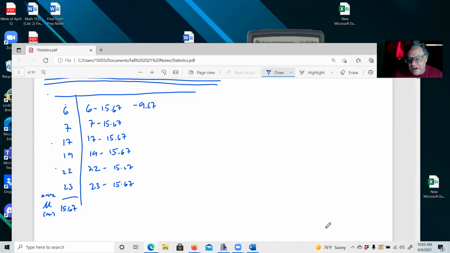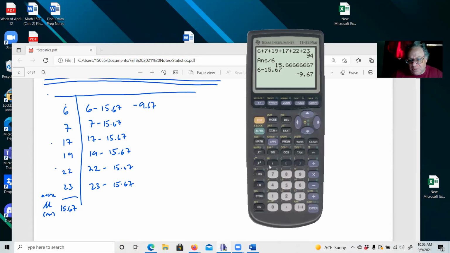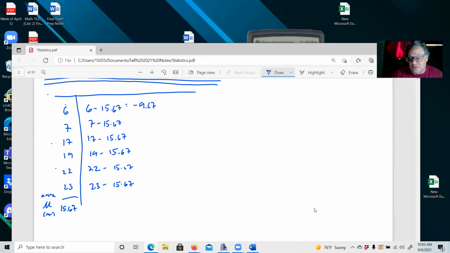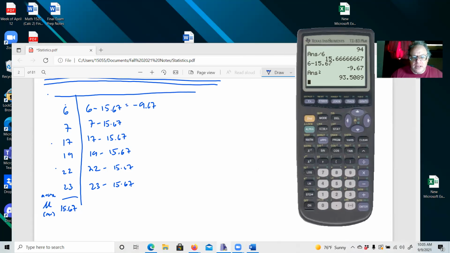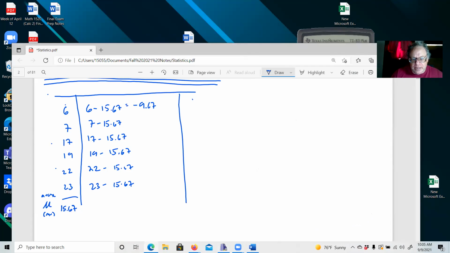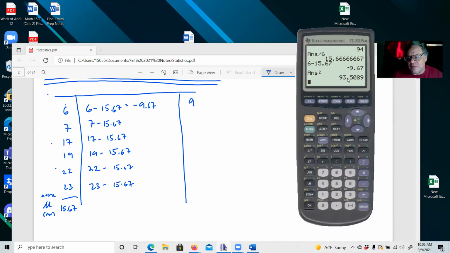I'm going to go ahead and square it while I've got the number easily available, because that's our next step anyway, is to square them. We get 93.51.